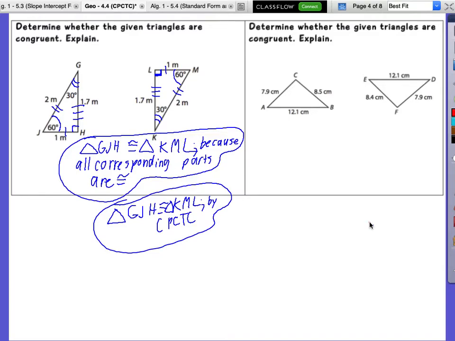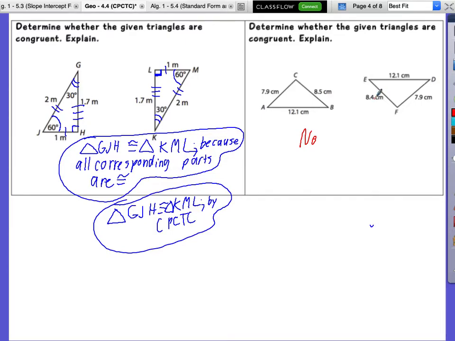Okay, Tanner, what are you thinking? Are these triangles congruent? Why not? Because line CB, line EF, okay, but these two have different measures. So why is this a big deal? Because they match up.